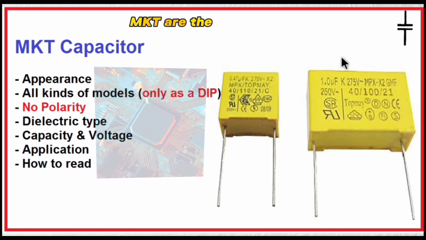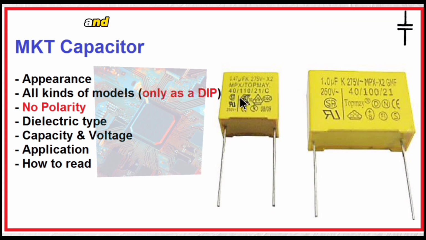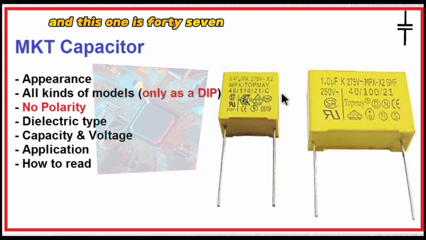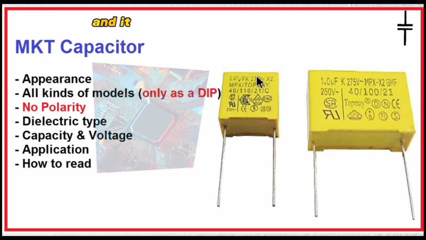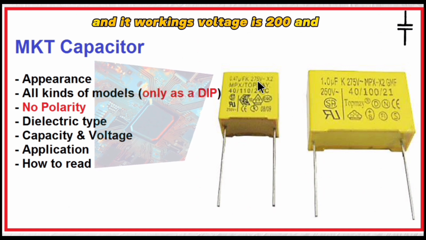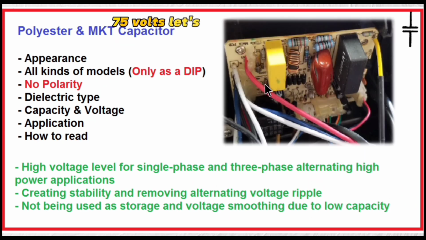MCOTs are the same way. For example, this capacitor is 1 microfarad and its voltage capacity is 275 volts, and this one is 4700 microfarad and its working voltage is 275 volts.